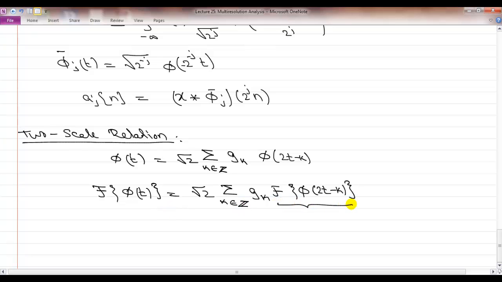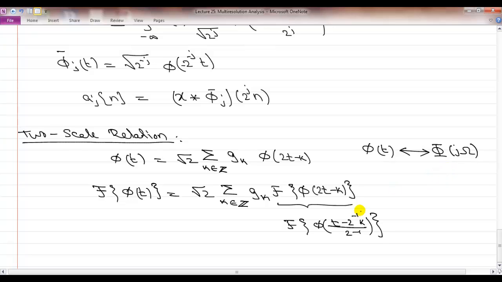Now, if I write the Fourier transform of phi of t as phi of j omega, this is nothing but the Fourier transform of a scaled and shifted version of phi of t. From the Fourier transform properties, it is easy to relate it to the original Fourier transform.